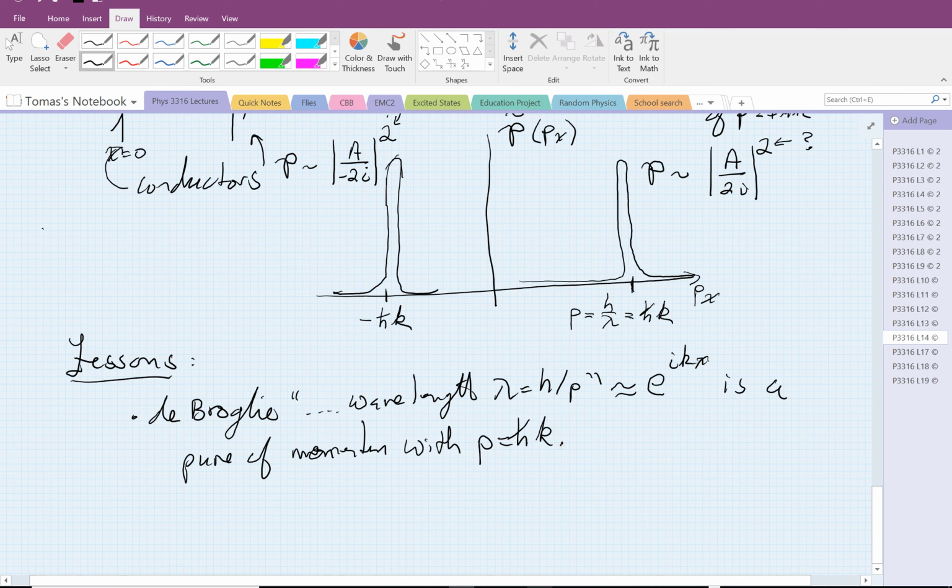But now we actually, through this example, have a particular mathematical function associated with those states.